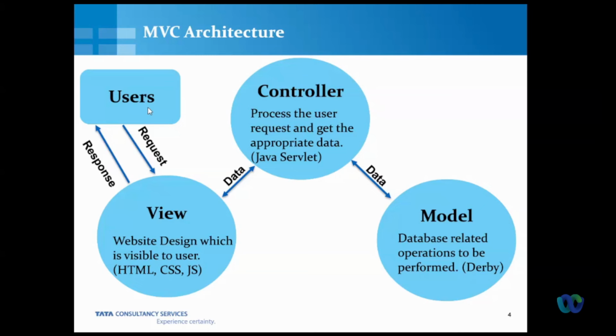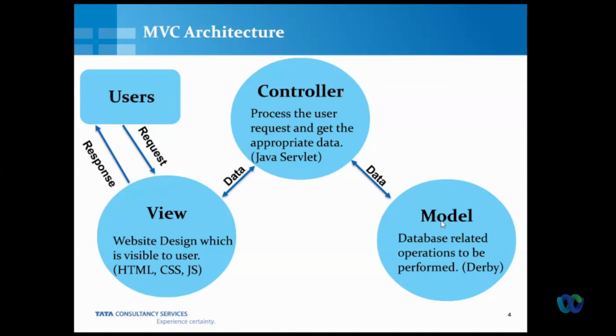First of all, the user is requesting some data from the view. Now the view is trying to access the data from the controller. The controller asks the model for the data, where our data is present.